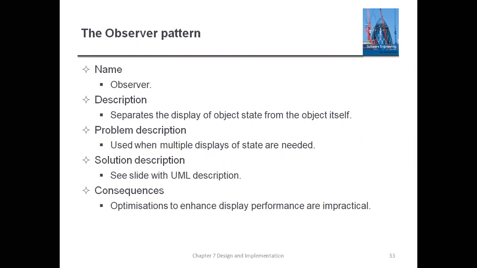So as per this question, the observer pattern, the name is observer. What is going to be described? Here the observer has to find out if objects are changing any state, or having any updations, alterations or deletions of the data. That kind of thing it is going to observe.